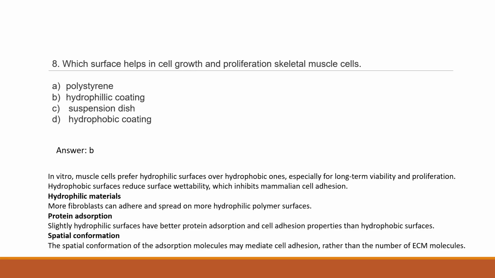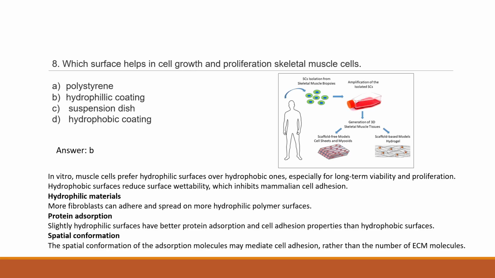Then spatial conformation: the conformation of the absorbed molecules may mediate cell adhesion rather than the number of ECM molecules. So the spatial conformation of the molecules around the cell will help in mediating it. It's not like you have a plate with a lot of ECM molecules but your cell is not adhering.